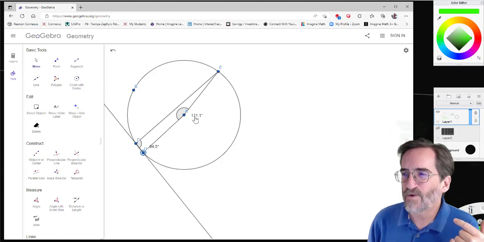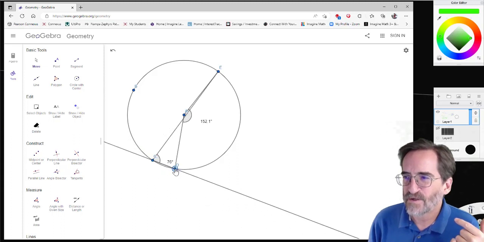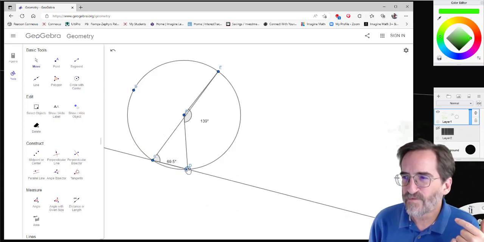Oh, I see what's going on. This GeoGebra has gone to measuring the other side. So I need to set this up so that it's not obtuse. There we go.